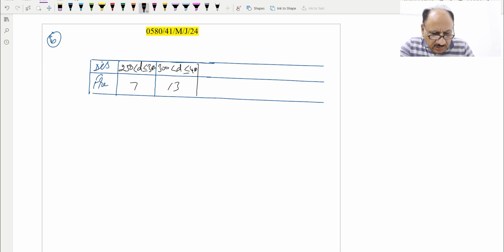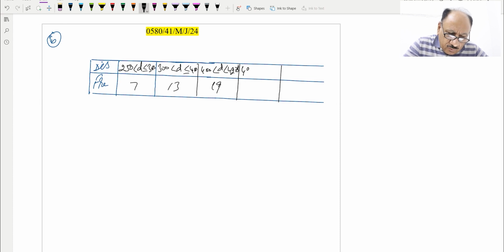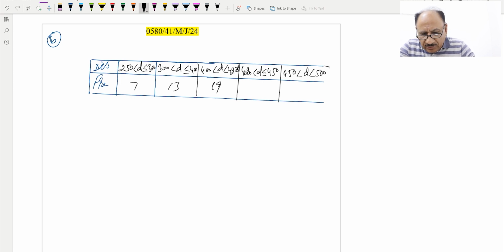And the third one is 400 to 420, and the frequency is 19. The second last one is 420 to 450, and the last one is 450 to 500. The frequencies for these are 21 and 20. So this is the table given.